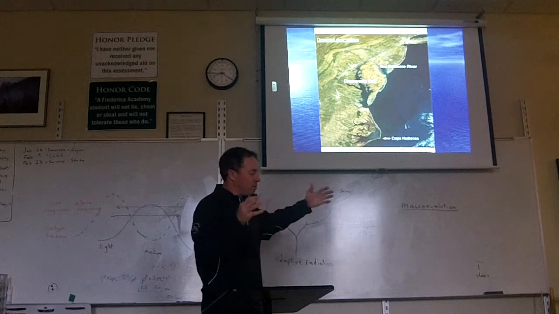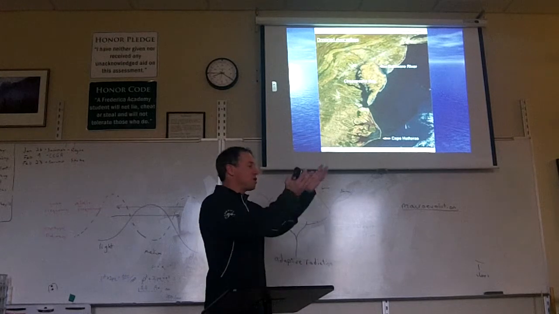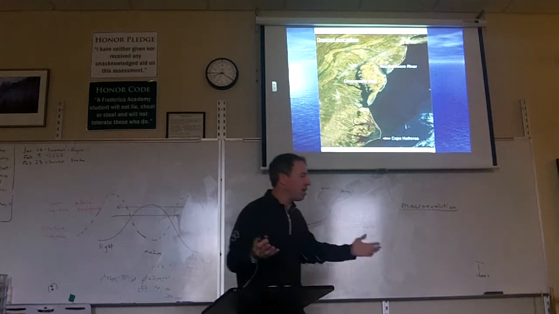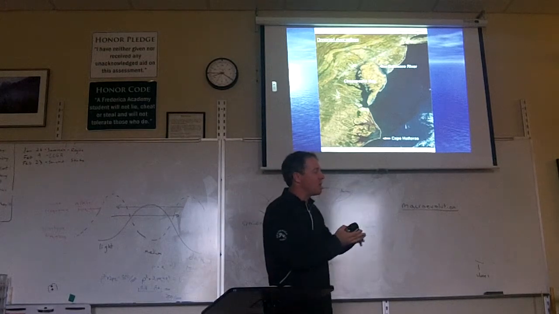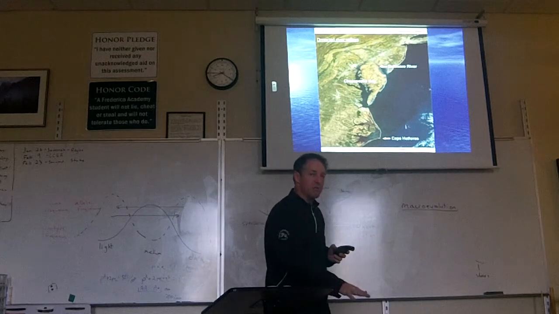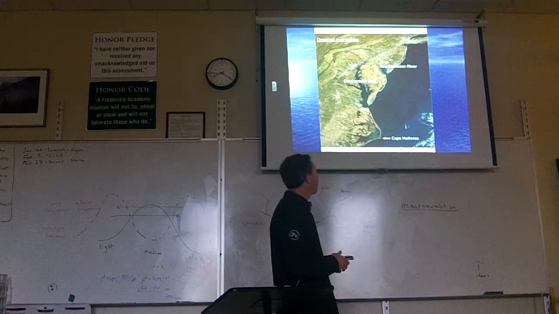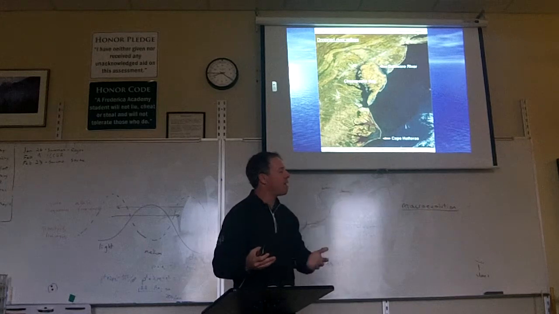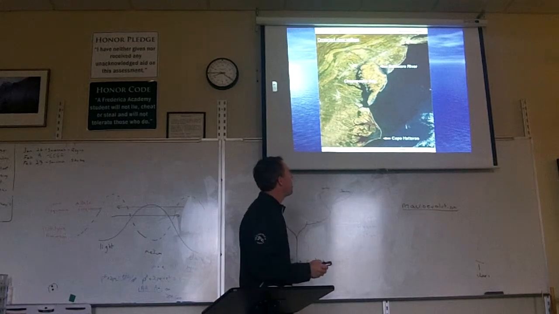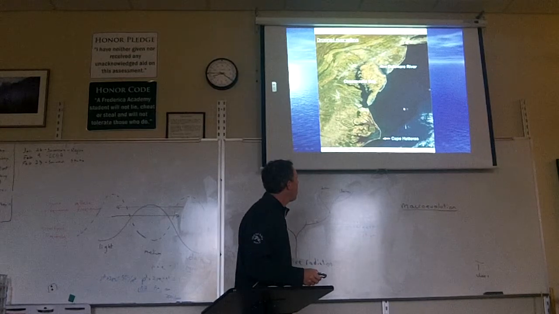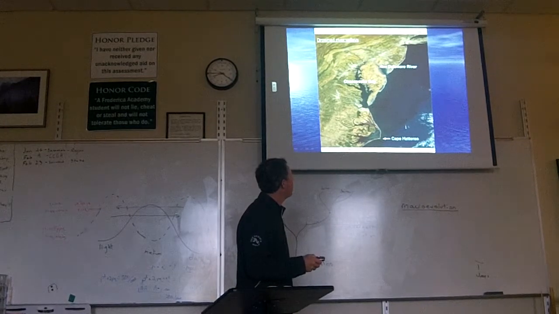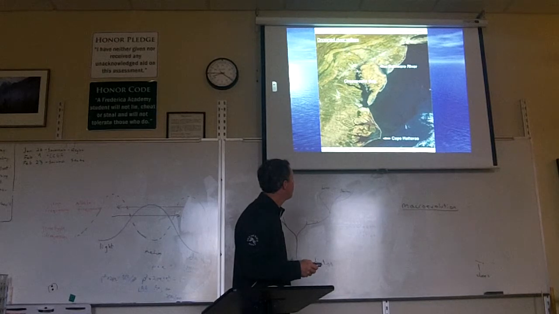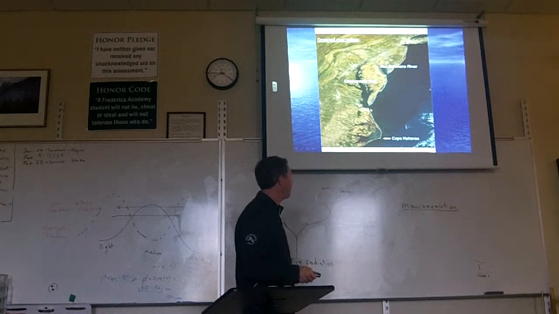A lot of the water from the oceans was in the ice, so the oceans were really low. Then when that ice age ended, all that ice melted and the water level came back up and basically drowned this river valley. It's a drowned river valley.